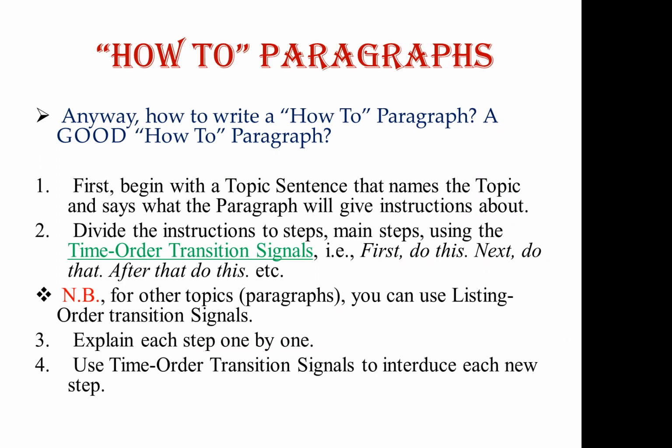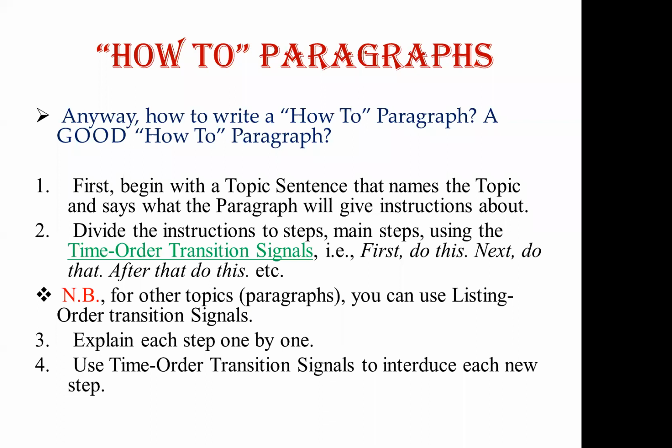First, begin with a topic sentence that names the topic and says what the paragraph will give instructions about. Obviously, this kind of paragraph is not that different from a simple paragraph or a listing order paragraph, because it is the same thing, but the difference is that this type of paragraph just gives instructions.